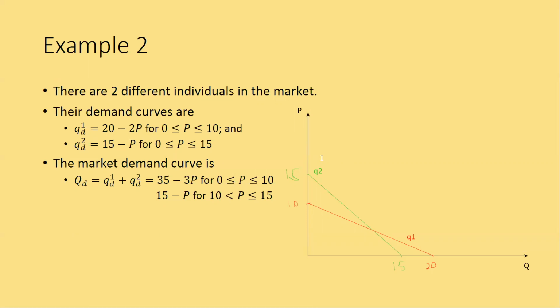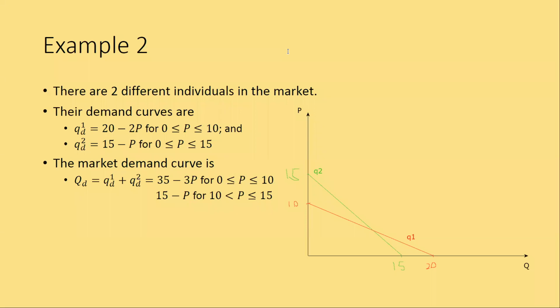As soon as price goes below $15, individual 2 will start to consume positive amount of the good, while individual 1 is still consuming nothing. So for price that is between $10 to $15, the market demand curve is the same as the individual demand curve of the second person.